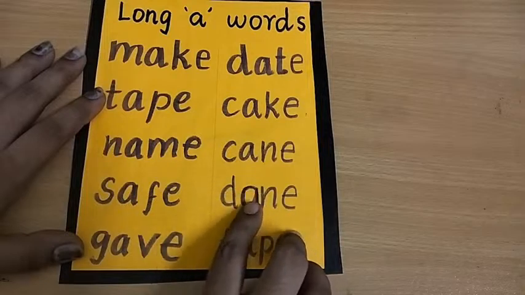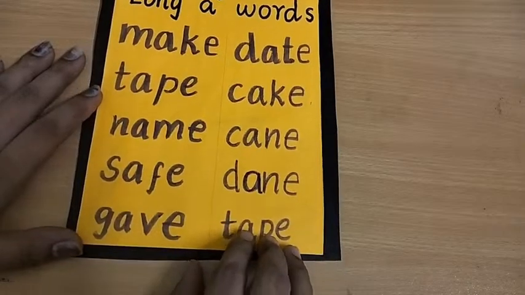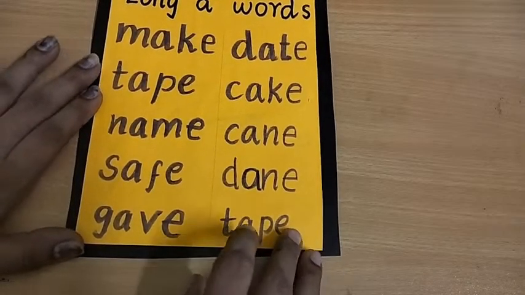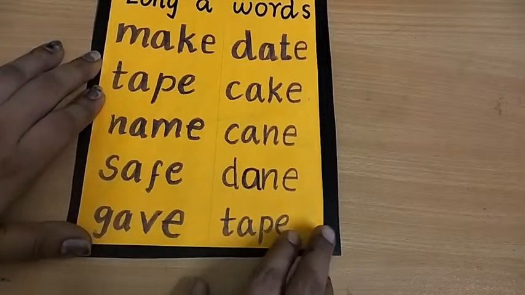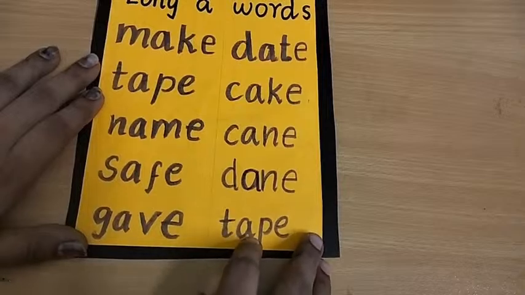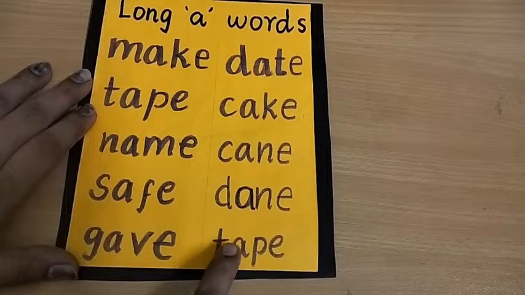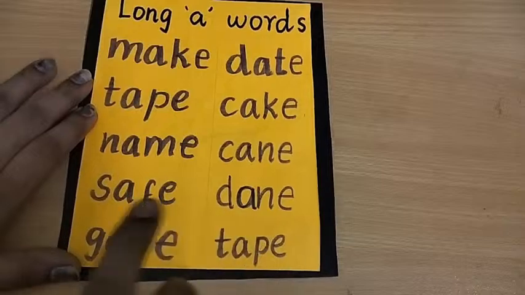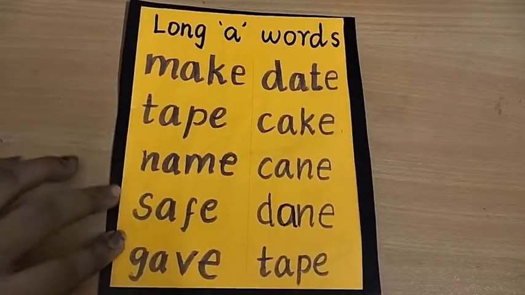D, A, N. Dane. Okay. Next is the last word. T, A, P, E. Okay. T, A, P. Tape. T, A, P. Tape. Okay.